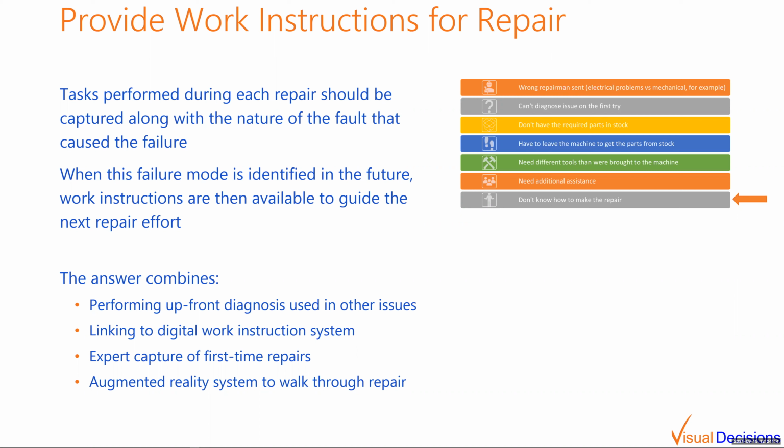Then it becomes part of the library, so that if that type of downtime ever happens again, whatever repairman goes out there, or potentially even the operator, would be able to look at that video of how the diagnosis was reached, walk through the steps of how to actually make that repair, and do that in a much more efficient fashion.